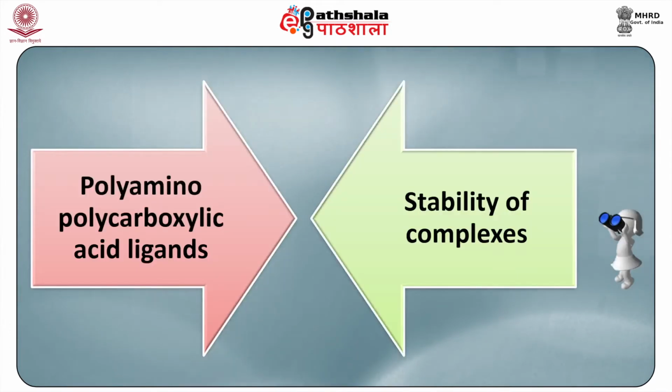It is widely used and examined against other polyamino polycarboxylic acid ligands to determine the stability of complexes, particularly with divalent transition metals. The analytical methods like calorimetry, potentiometry, polarography, spectrophotometry and proton NMR have been successfully applied to determine the conditional stability constants for the reaction between different metal ions and ligands.